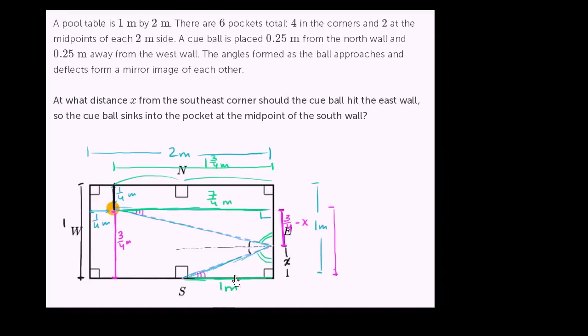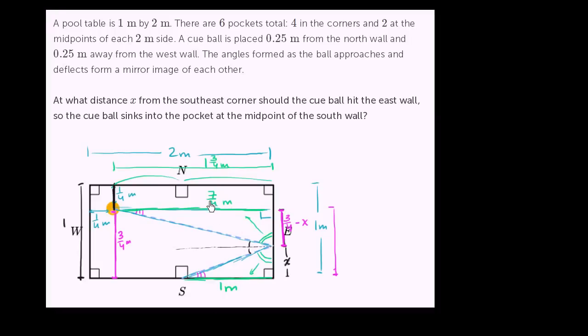These two triangles are similar, so corresponding parts are going to have the same ratio. This green segment right over here, the longer side that's not the hypotenuse of this top right triangle, is going to correspond to the longer side that's not the hypotenuse of this triangle. The sides that are opposite this green angle correspond to each other.